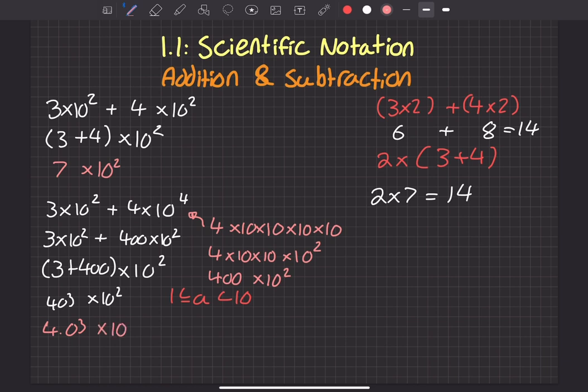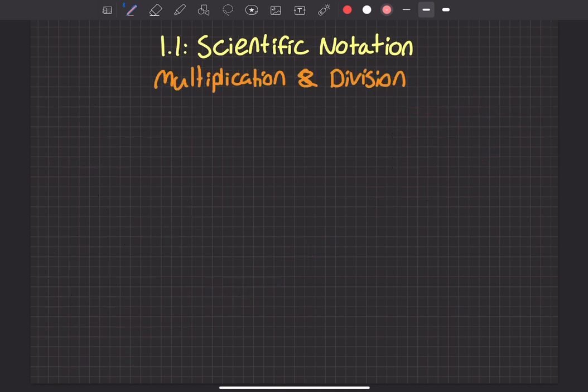And what's the new number here? Well, this decimal moved 2 points, so it'd be 10 to the power of 2 times 10 to the power of 2, right? Times 10 to the power of 2, which would be basically 4.03 times 10 to the power of 4 using our index laws.